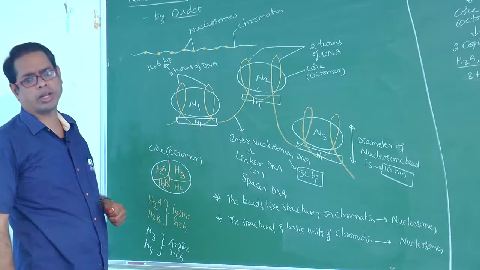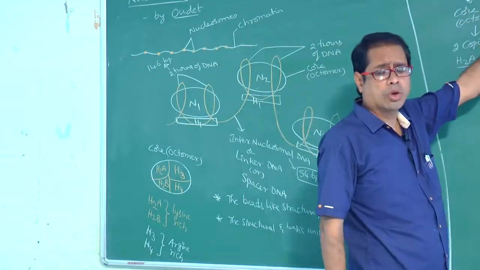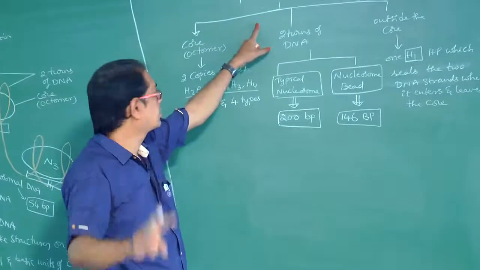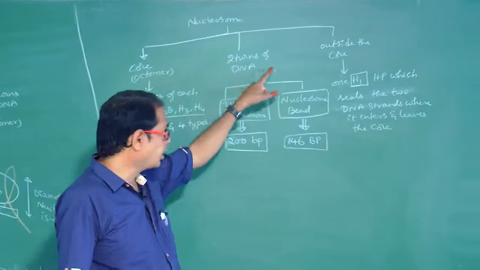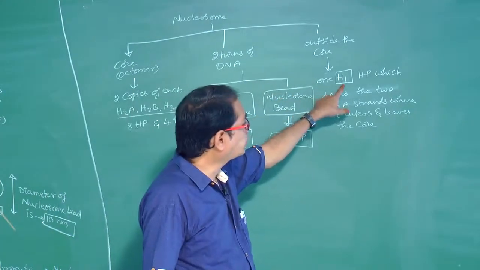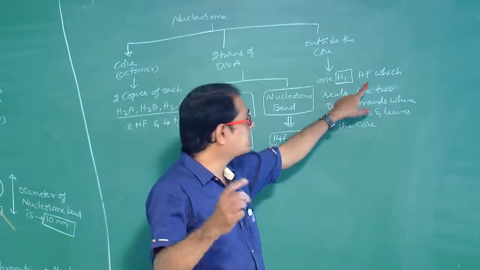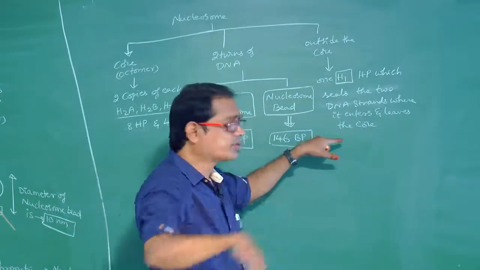Like that we have to calculate. Now look here. Nucleosome contains how many parts? 3 parts: the core or octamer, 2 turns of DNA, and outside the core, one H1 histone protein which seals the 2 DNA strands where they enter and leave the core.